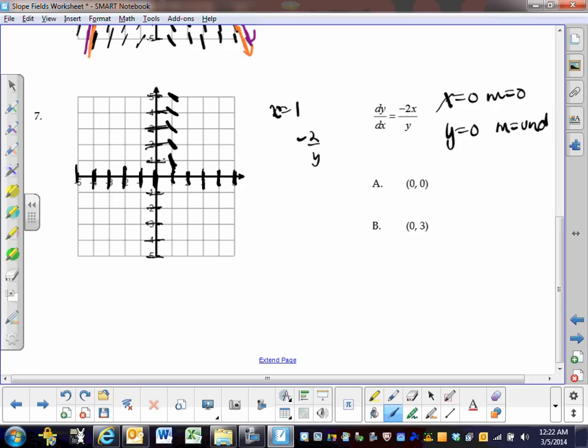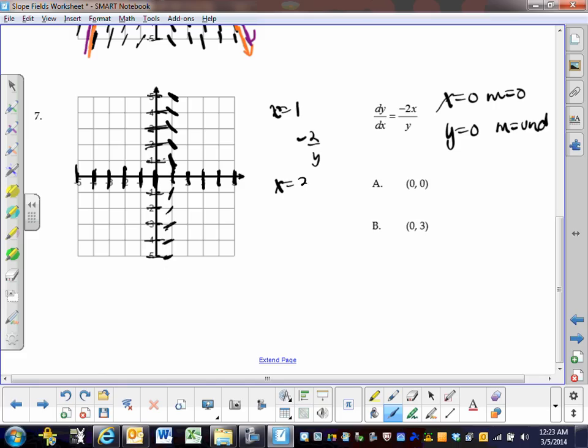If y is negative 1, we have negative 2 over negative 1, be positive 2. And then positive 1, positive 2/3, positive 1/2, positive 2/5.